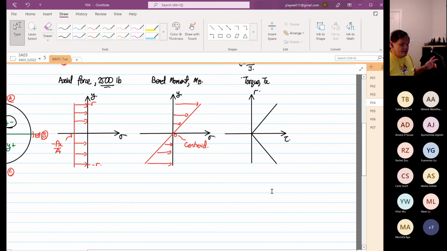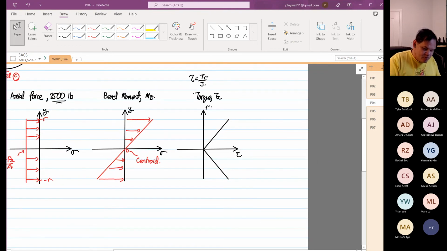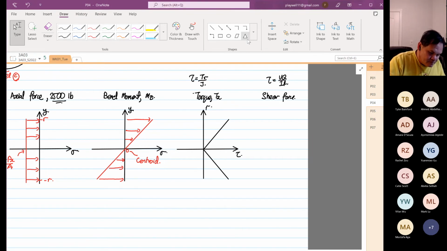The problem now comes to the last one, which is due to the shear force. If we have a shear force, the formula is shear stress equal to VQ over IT. So now we sketch this.